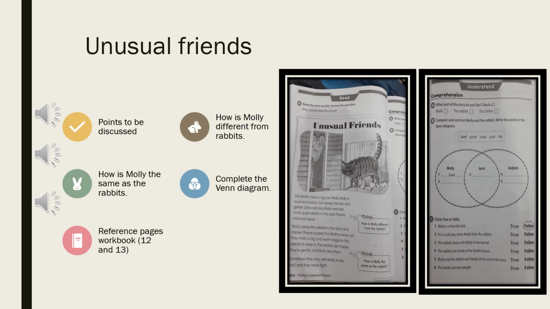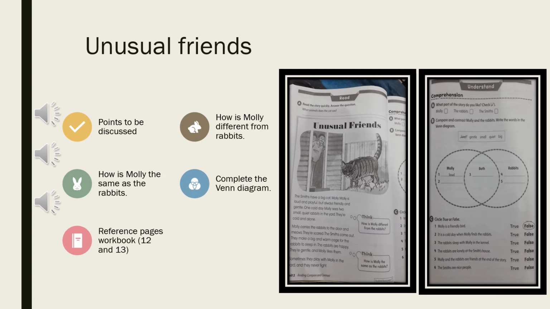C part is circle true or false. So you just need to circle true or false. Molly is a friendly bird. No, Molly is not a bird. Molly is a cat, so it's false. It is a cold day when Molly finds the rabbits. Yes. The rabbits sleep with Molly in the kennel. No, false. The rabbits are lonely at the Smith's house.